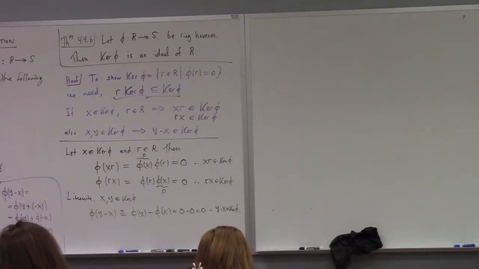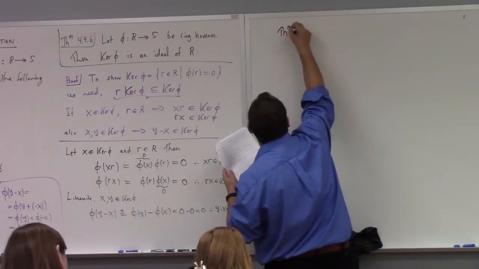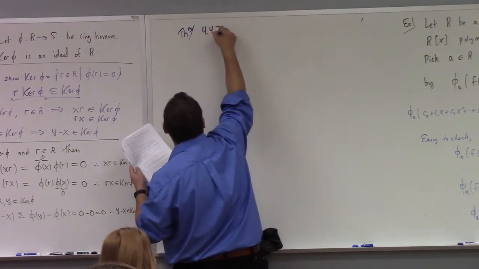There is also a first isomorphism theorem for rings. So here's the theorem, 4.47.